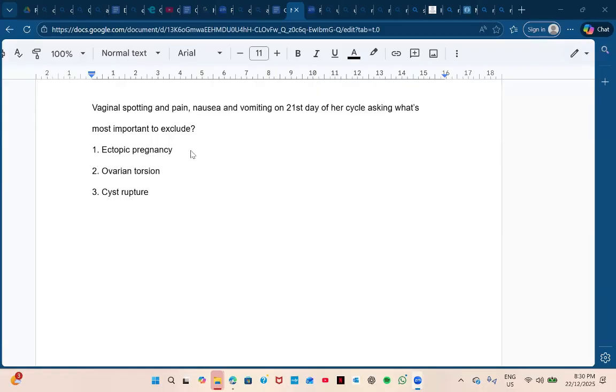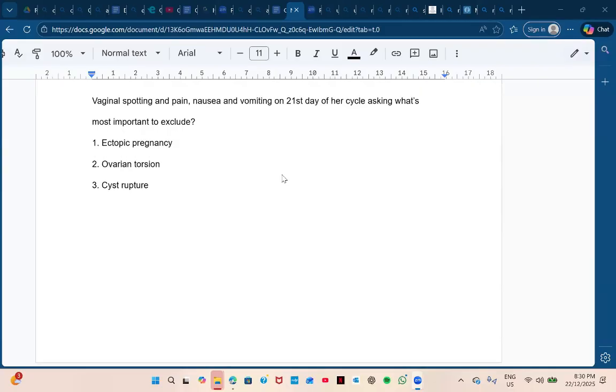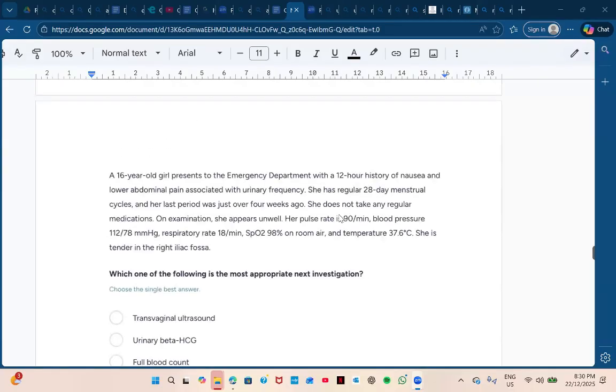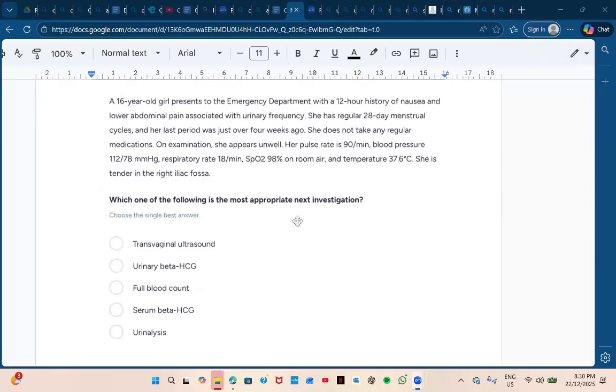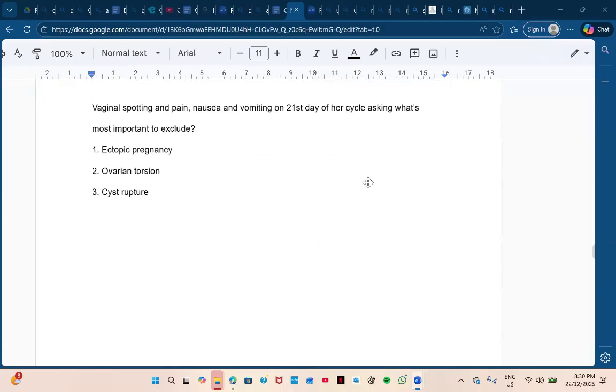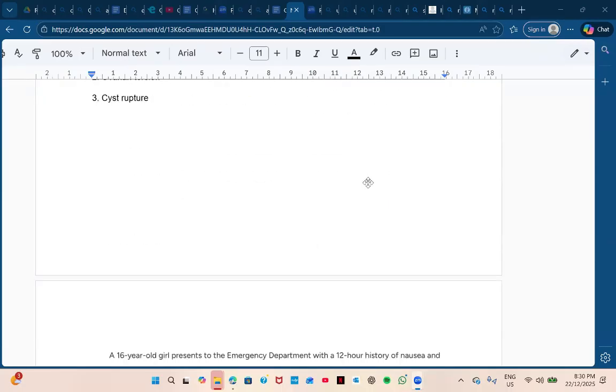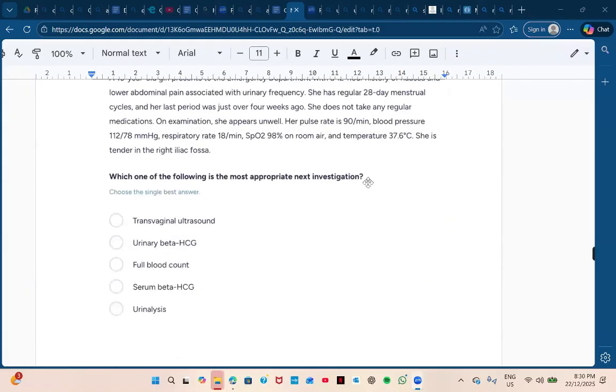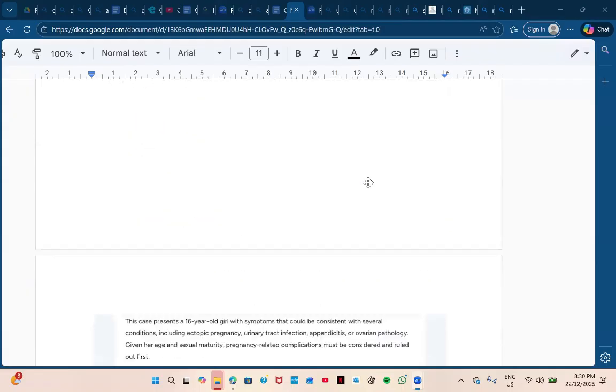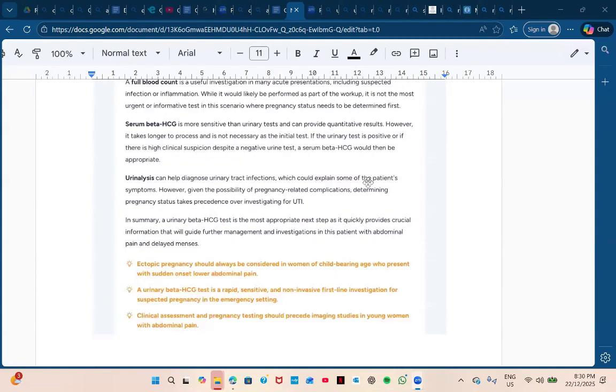You have to remember, if they ask what to exclude in this case, for example ectopic pregnancy, then another day they can ask what is the most initial investigation to exclude ectopic. They are not asking like that. They can ask, okay, the next most appropriate investigation, like that. That's why I have added this question. Right? You all get the point. Do I need to explain more about it? Just make sure you all understand it.